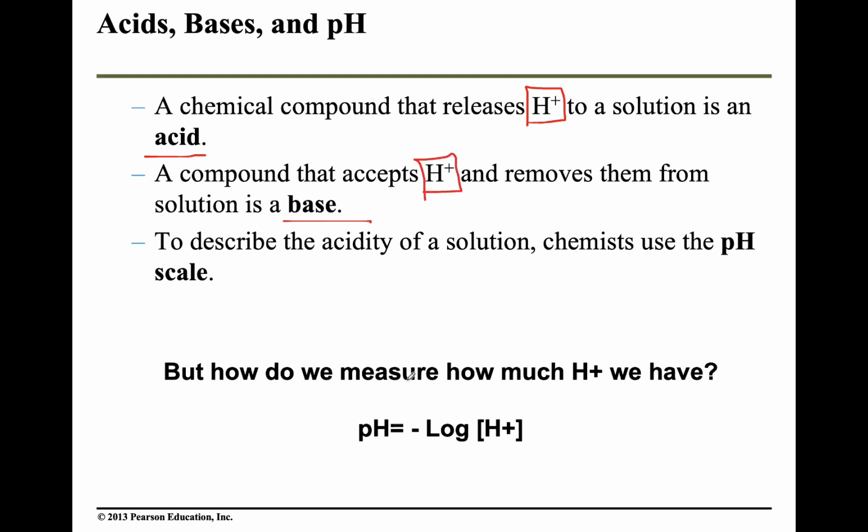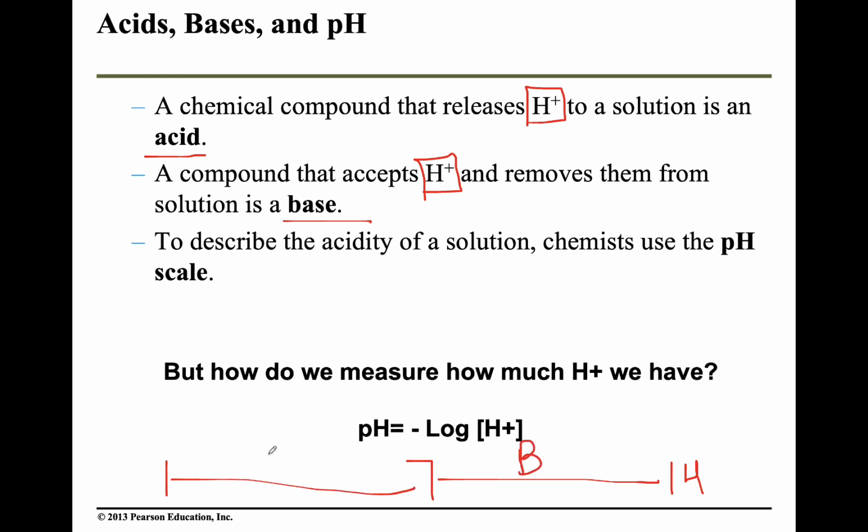So how do I calculate how acidic a solution is based on the number of protons? Well, here's your equation. You're going to calculate what's called pH. pH runs from a scale of 1 to 14. Anything between 7 and 14 is basic in terms of the pH scale.